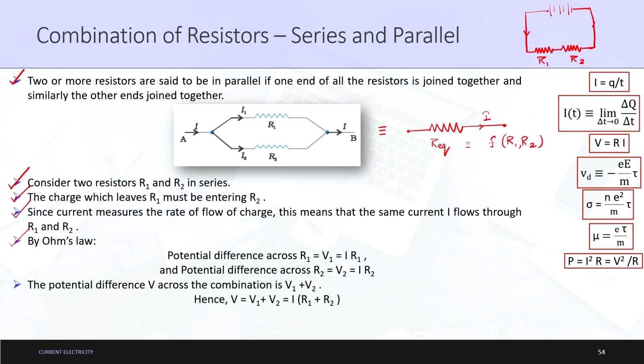Let us say this is the direction of current flowing. Now if the potential difference across these two portions is V, then the potential difference across these two will be capital V, right?